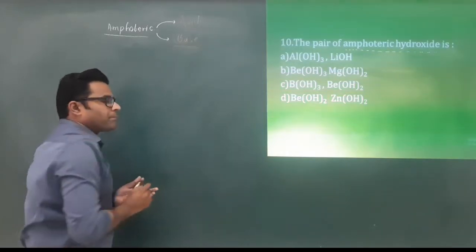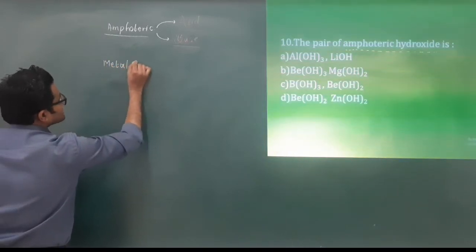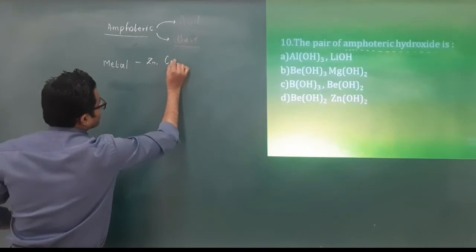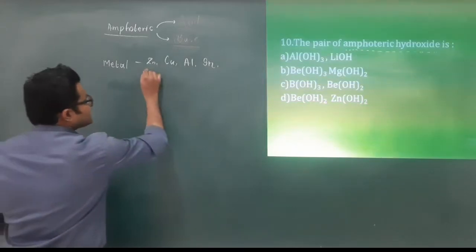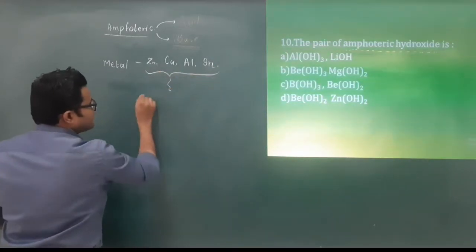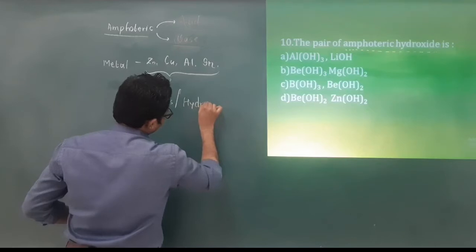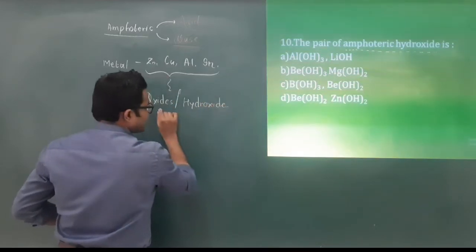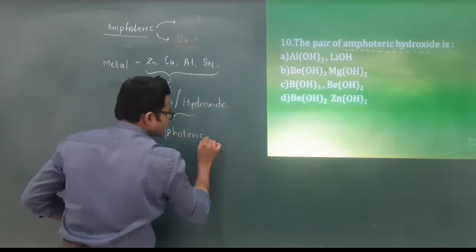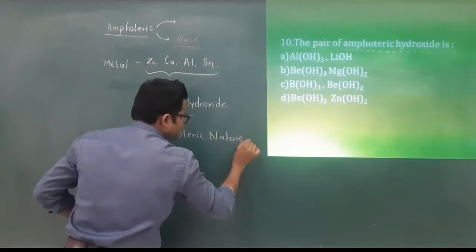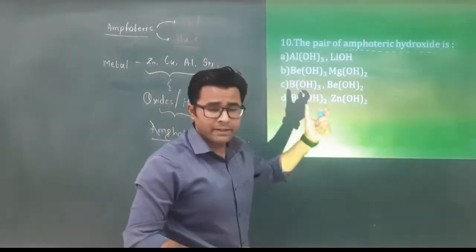Now, the metals such as zinc, copper, aluminium, tin, etc., their oxides as well as their hydroxides have the capacity to exhibit amphoteric nature. Of course they exhibit amphoteric nature, but we need to observe the pair here.